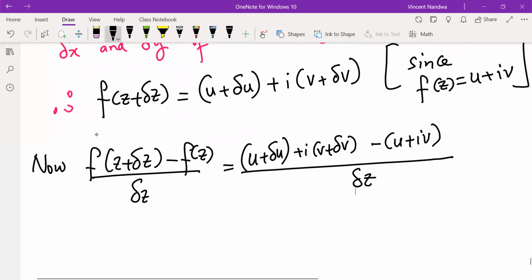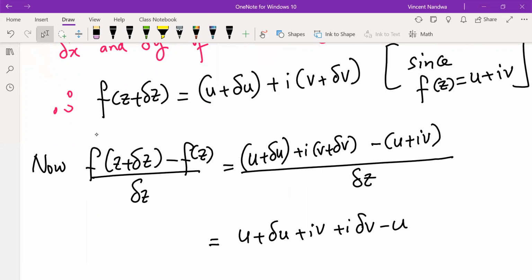Now you see this will be u plus delta u plus iv plus i delta v minus u minus iv, divided by delta z.